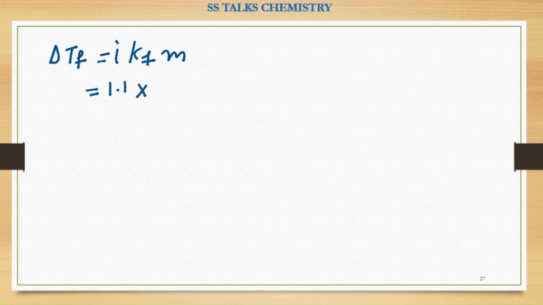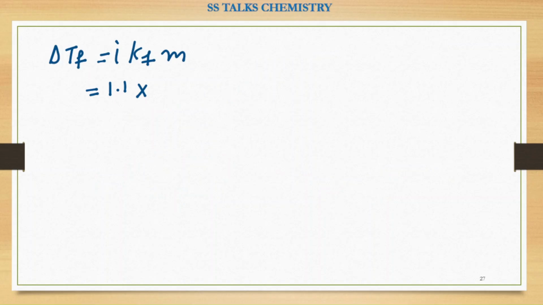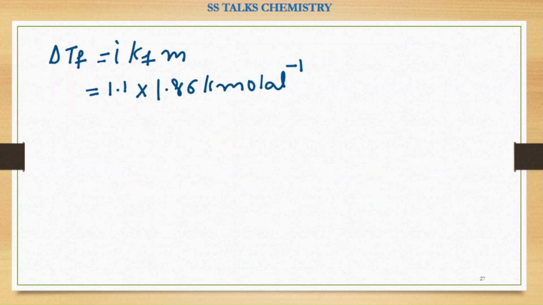The Kf value is given to us, that is 1.86 Kelvin per molal, and the molality concentration of the 0.1 molar solution is 0.1. So delta Tf we can find from there, and we get 0.2046. This is the value of delta T we will have.